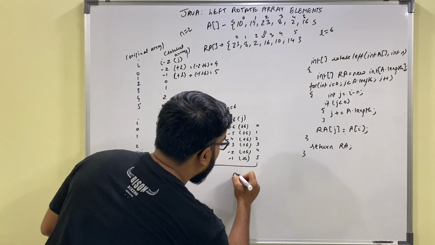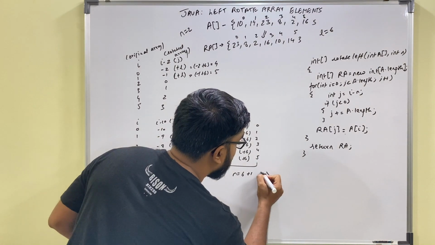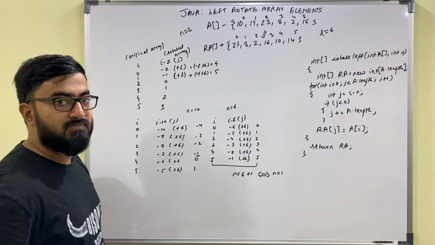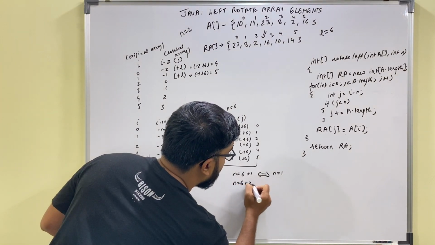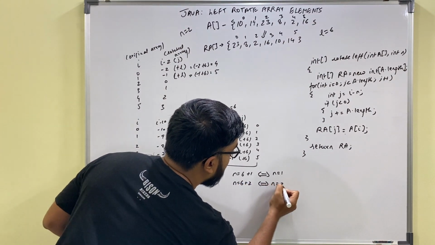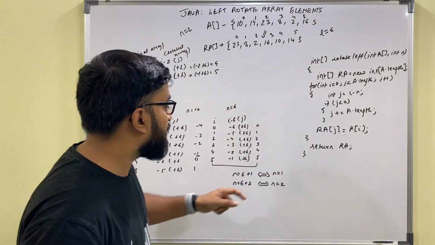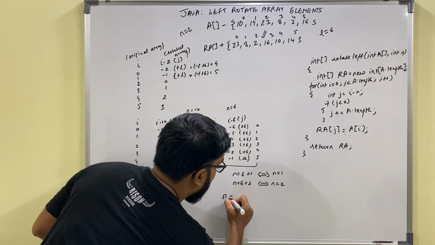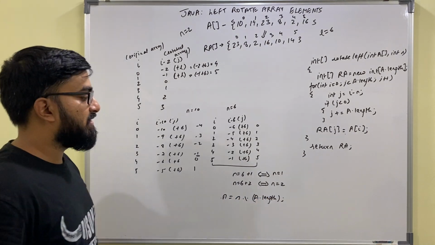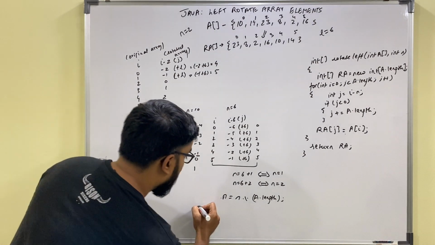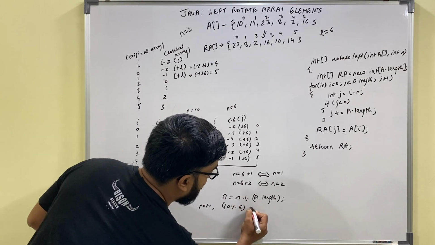So basically for n equal to 6 plus 1, you will get the same array as you will get for n equal to 1. And for n equal to 6 plus 2, you get the same array as you get for n equal to 2. That is, before you start this rotation, you can simply say n equal to n % a.length. So if n is equal to 10, 10 % 6 becomes 4.